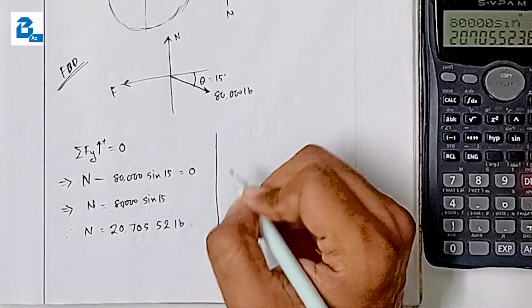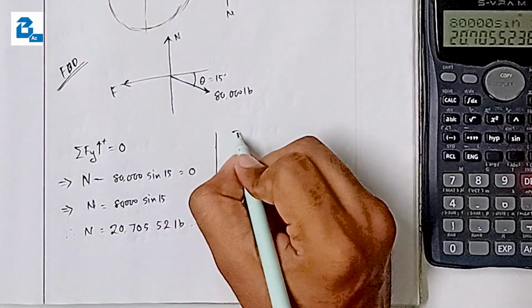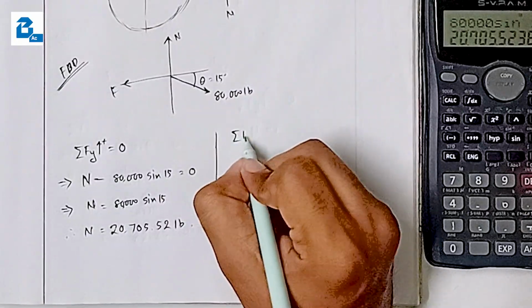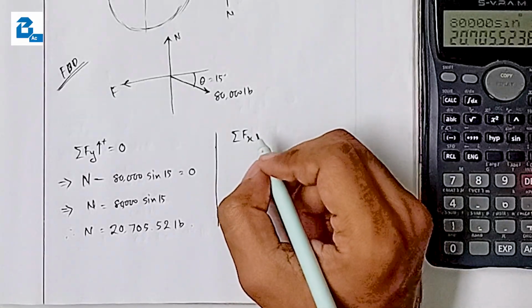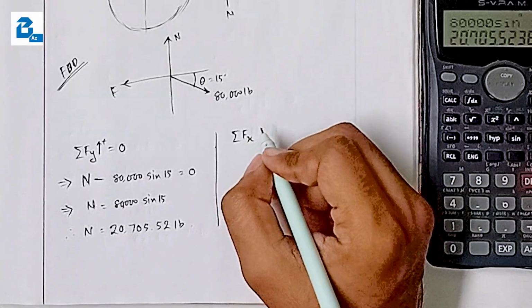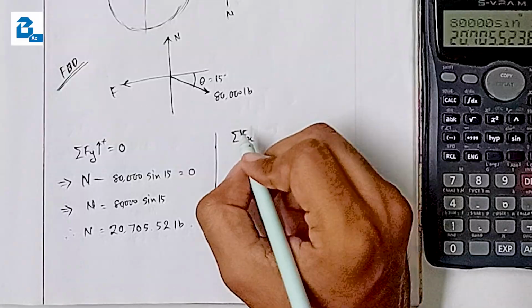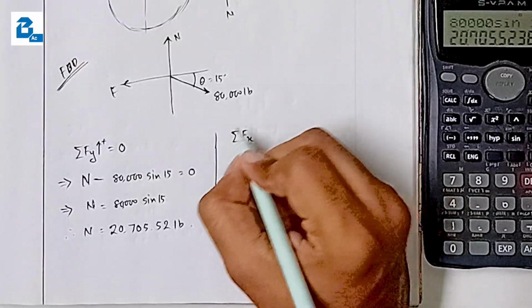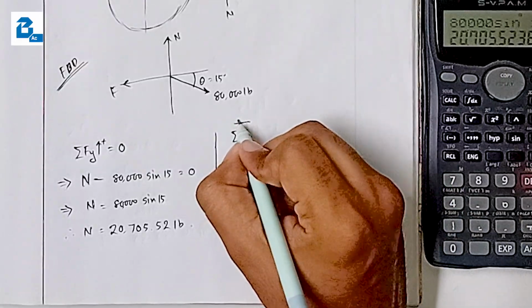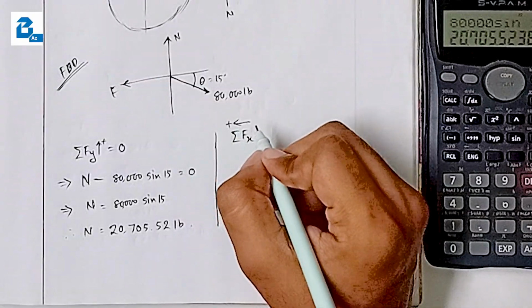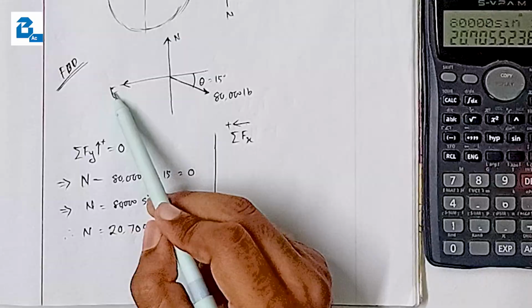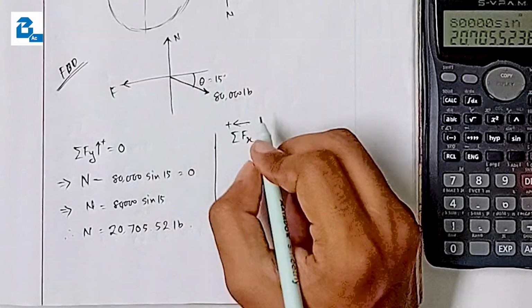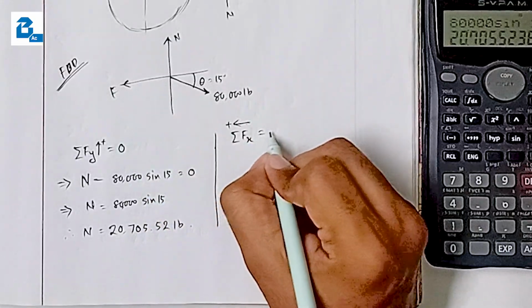Then we will find the summation of F of x, similar to the summation of F of y, or the summation of vertical forces. For the summation of F of x, or the horizontal forces, let's take the rightward as positive, since we are finding the value of F, so we don't want it to end up negative, equals 0.